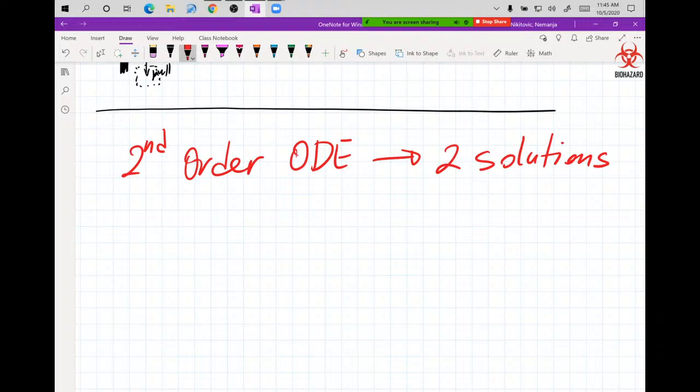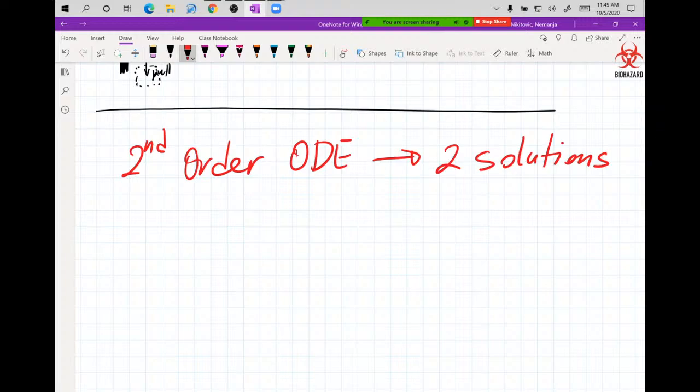Now, we have to be more particular about this, and when we see that, these solutions need to be what we call linearly independent. So they are not going to be dependent on each other.